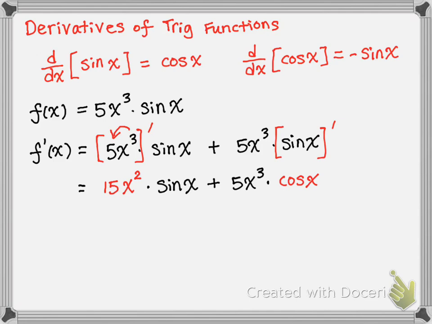Now how about we have another function, f of x equals sine of x times cosine of x. There are several ways to approach this function and take the derivative. We can first use the product rule, the derivative of a product.